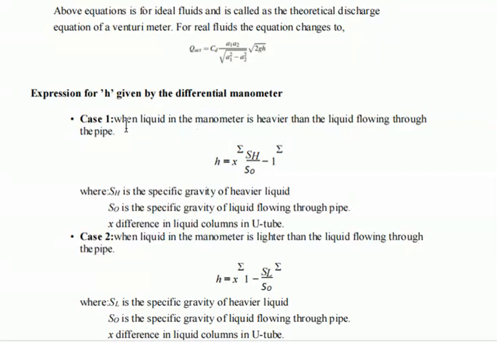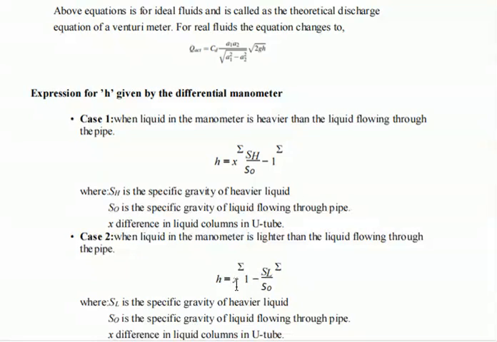When the liquid used in the manometer is heavier than the liquid flowing through the pipe, we use the first expression to find H. When the liquid used in the manometer is lighter than the liquid flowing through the pipe, we use the second expression for H.